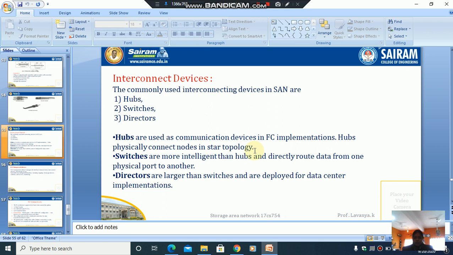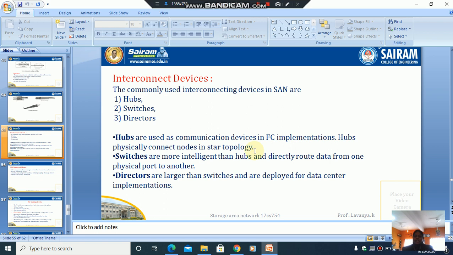The second point of switches: nodes do not share the bandwidth; instead each node has a dedicated communication path. The third point: switches are available with fixed ports as well as a modular design. A modular design increases the port count by installing additional port cards in the open slots.